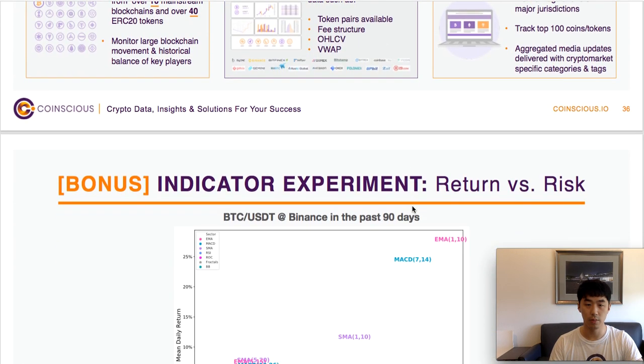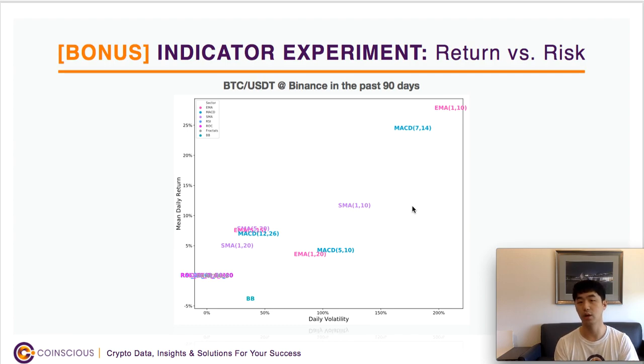Some bonus: we are also releasing our indicator reports that you can subscribe to within the next 2 months. For example, here is the highlight where you can look at return versus risk, and I know that many people use individual indicators as cues to understand the trends.